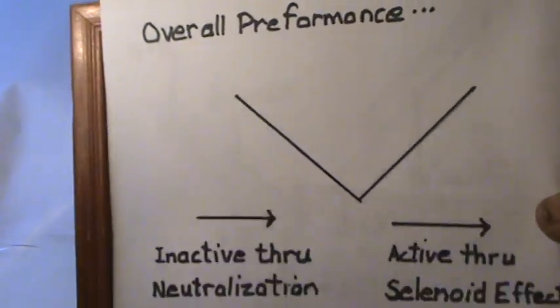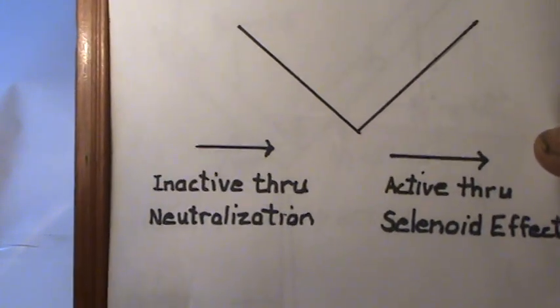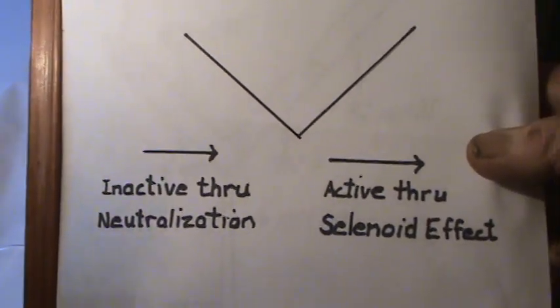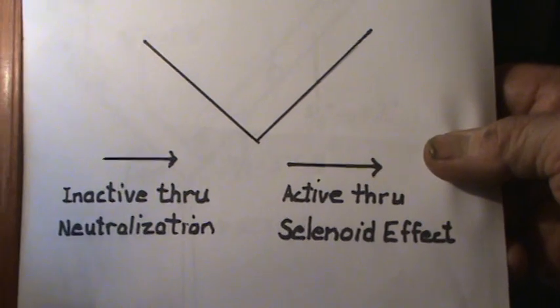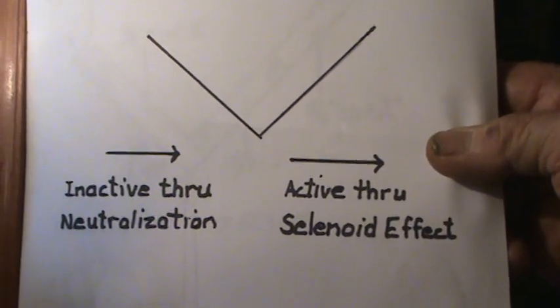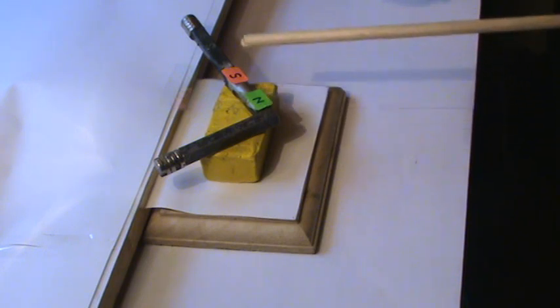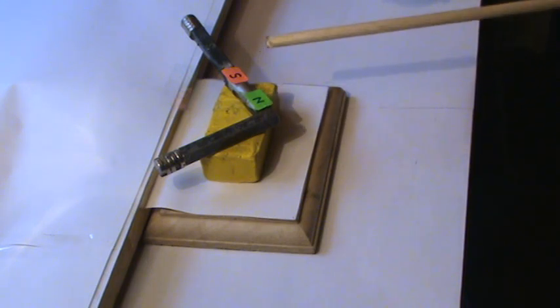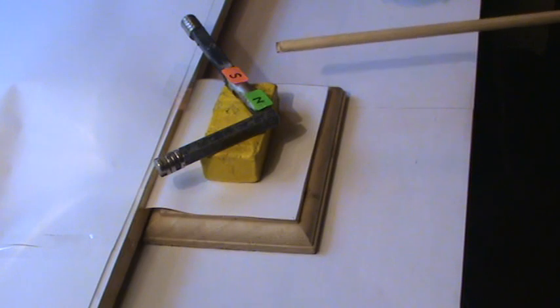Overall performance, we've gone through the inactive side through neutralization, and the active side is through the solenoid effect. As I explained earlier, we have a north and a south, and what I did here, I explained that.